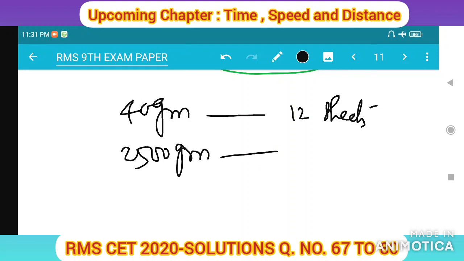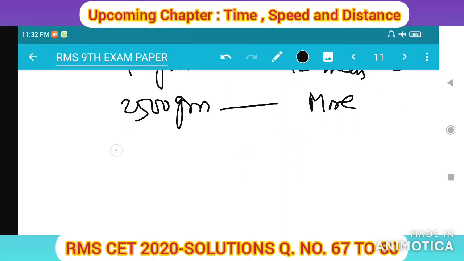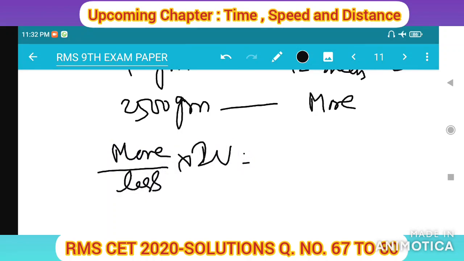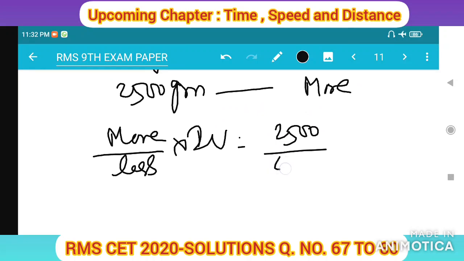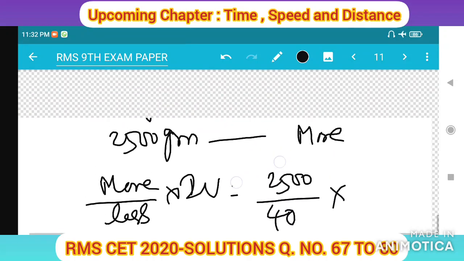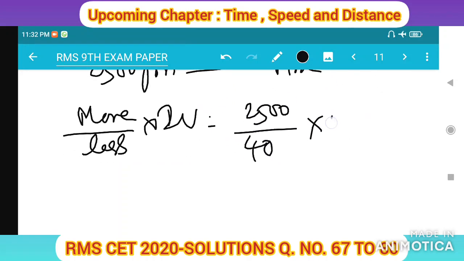In 40 gram there are 12 sheets, so in 2500 gram there will be more sheets. When the comparison is more, our formula becomes more by less into individual value. More is 2500, less is 40 gram, into the individual value 12 sheets.